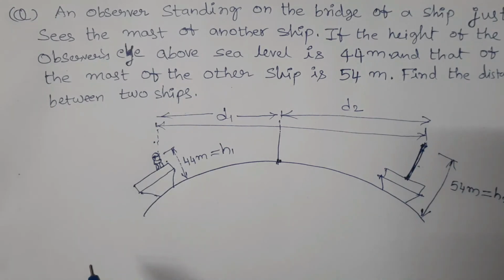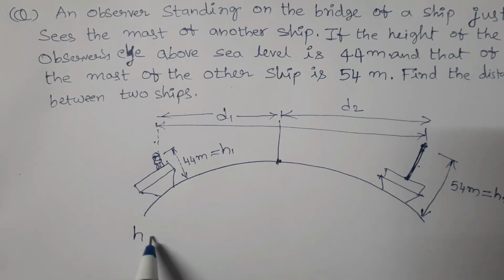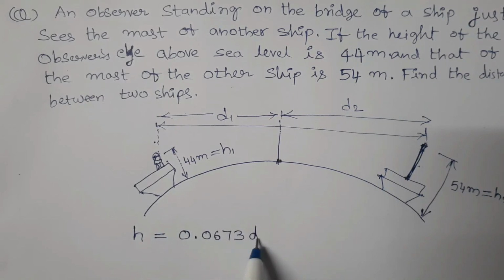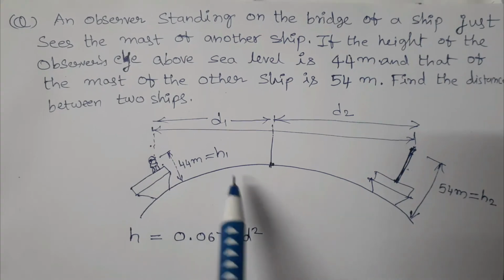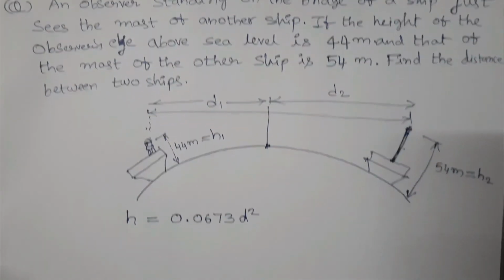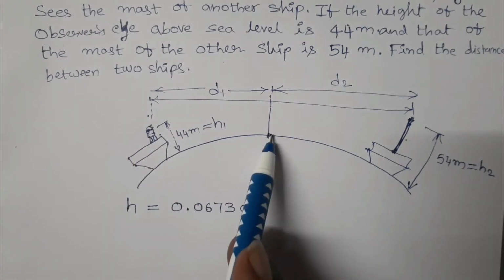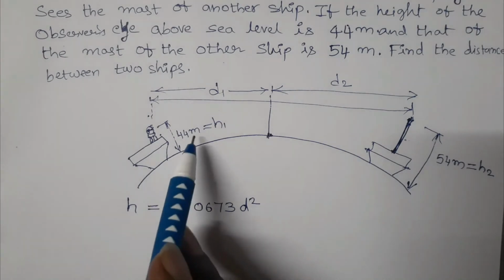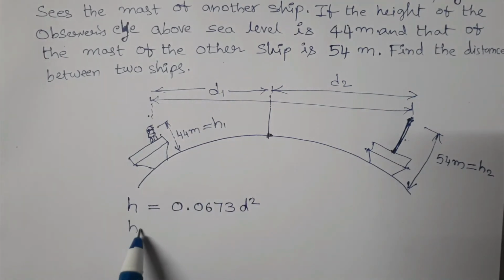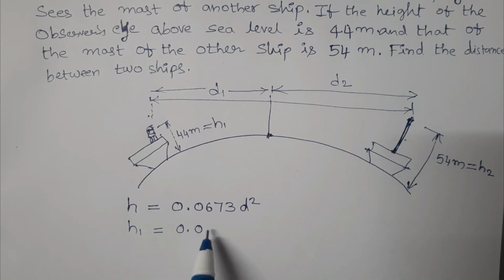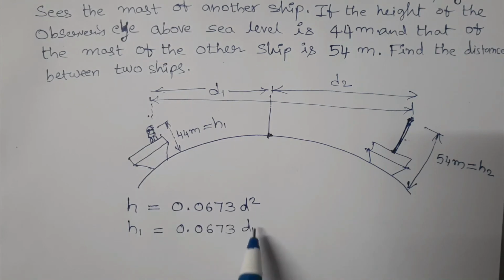We know the combined correction due to curvature and refraction is h is equal to 0.0673 d square. We have to apply this formula for these two cases. To get the distance from here to here, we have to take this height. h1 is equal to 0.0673 d1 square.